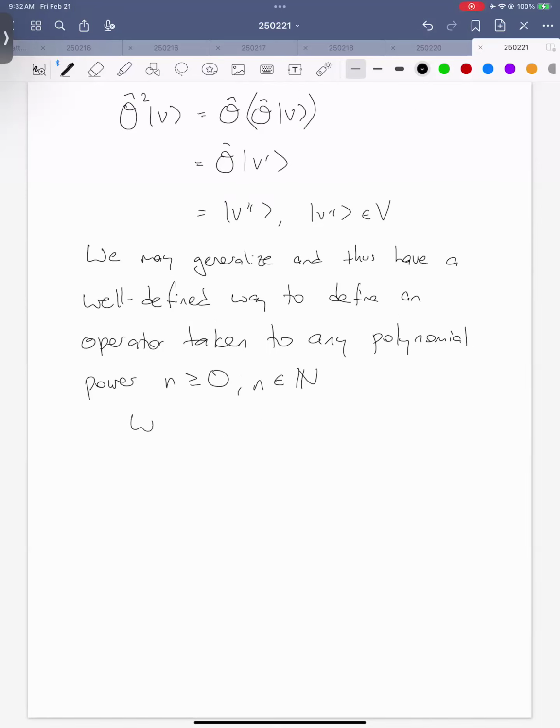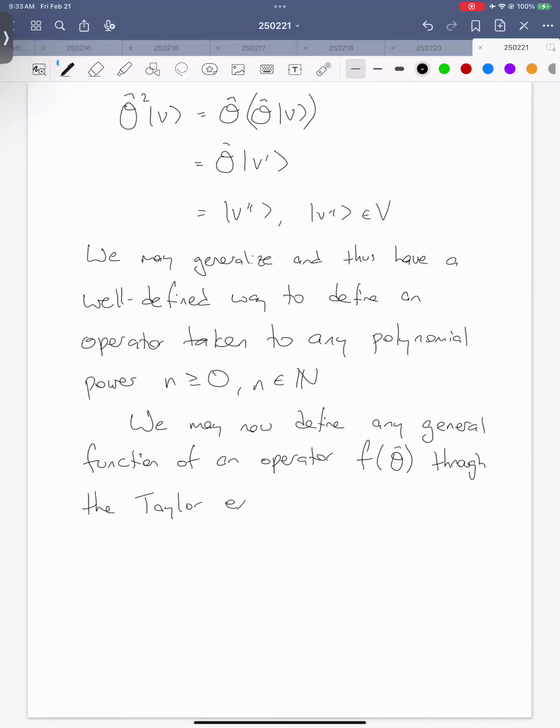So now what we may do is define any general function of an operator, say f of the operator, through the Taylor expansion of the function f, which is to say that f of some operator O, we're going to define as the sum n equals 0 to infinity, nth derivative of f evaluated at 0 over n factorial, operator O to the power n.